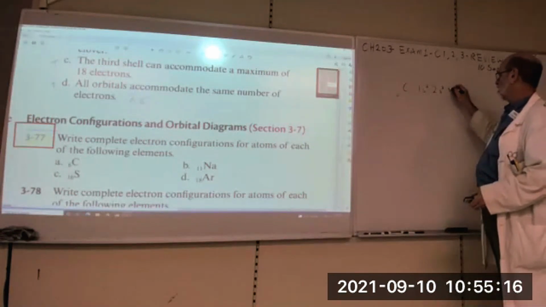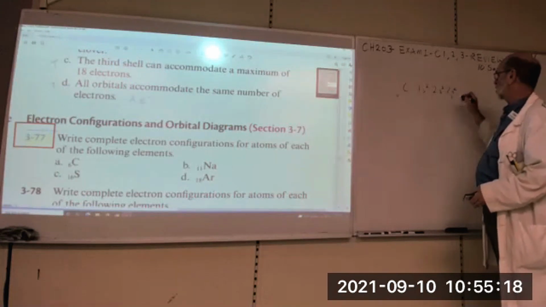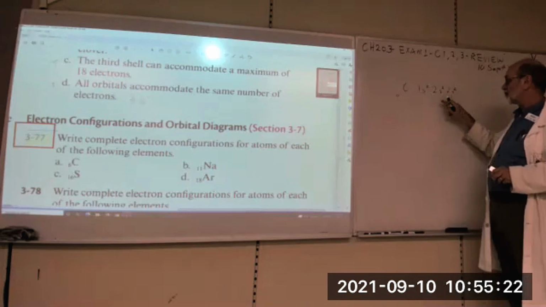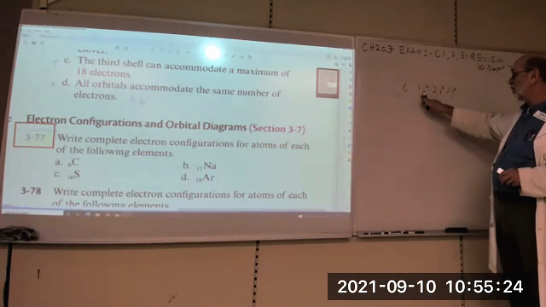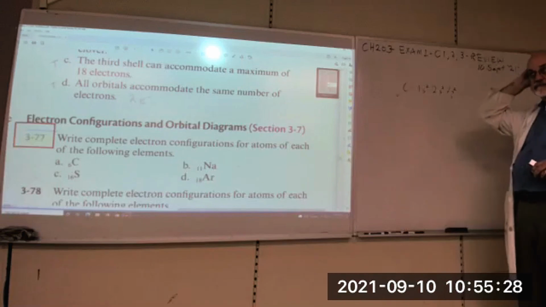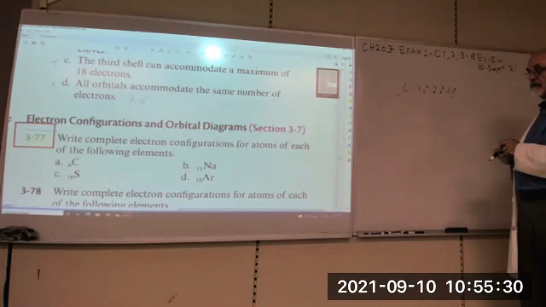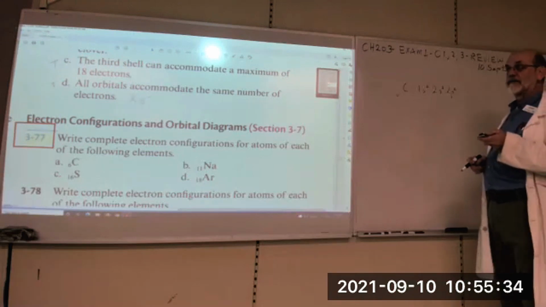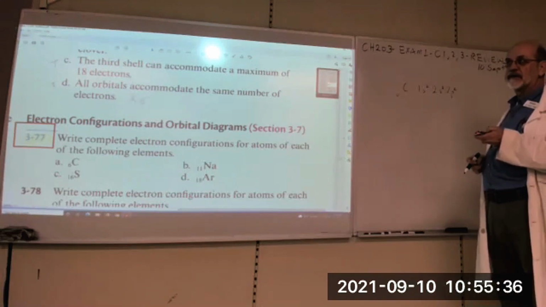And then 2p2. Right. So that's the electronic structure for carbon. Has 2 electrons in this orbital, 2 electrons in that one, and 2 electrons in that one. And you can tell if you just work your way down, right? Where is carbon? It's in this group over here.